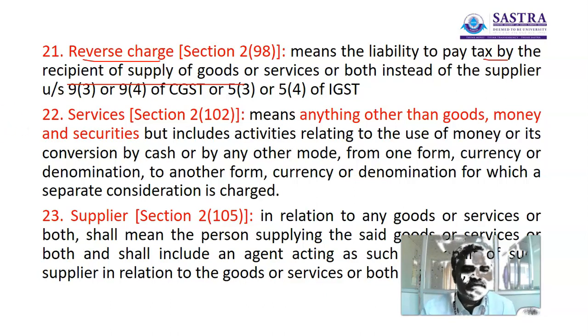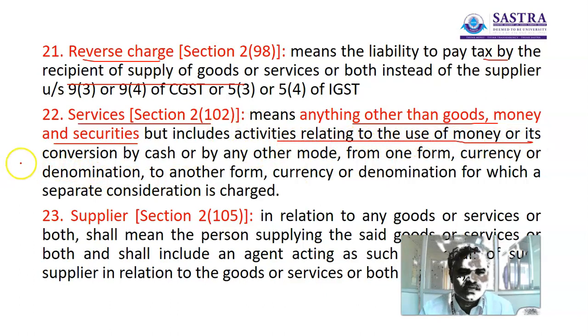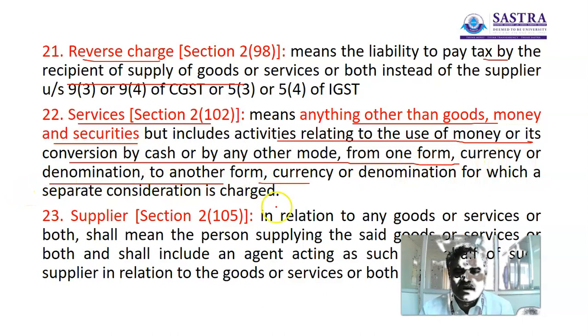Okay, service. Section 2(102) means anything other than goods, money and securities, but includes activity relating to the use of money or its conversion by cash or by any other mode from one form, currency or denomination to another form, currency or denomination, for which a separate consideration is charged.